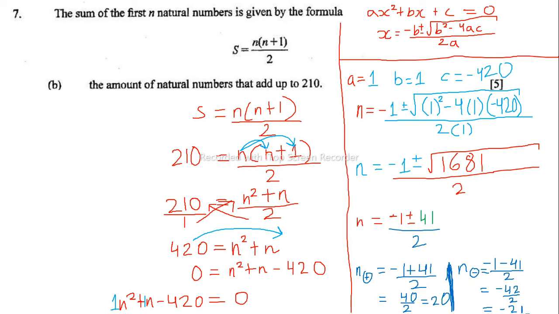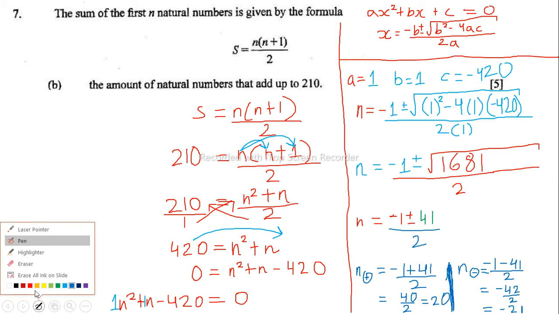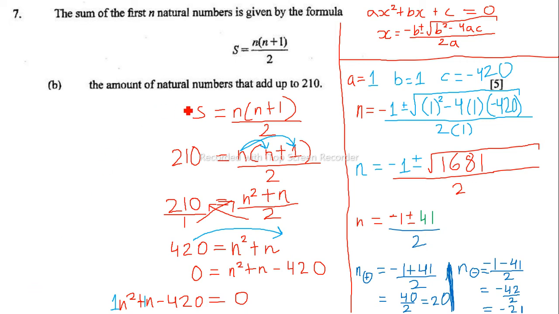All right, so the value of n. We want to figure out the amount of natural numbers that add up to 210. So the amount of natural numbers that we need to add up to 210 is going to be 20. Okay? So 20 is our answer.